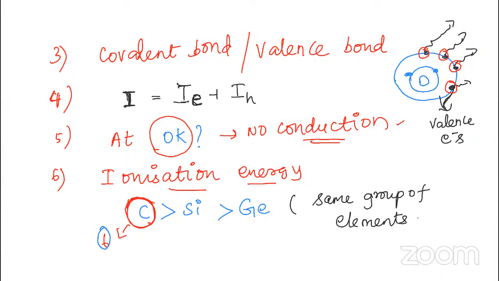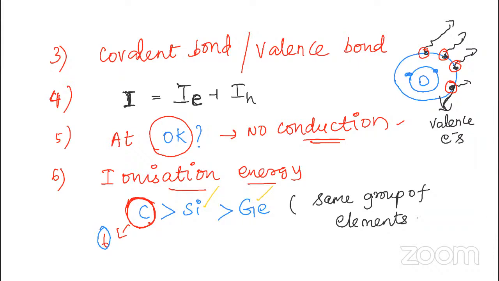Comparing to silicon and germanium, carbon has the highest ionization energy, so it should be maximum, and therefore it is not a semiconductor. If the ionization energy is minimum, it will act like a semiconductor.